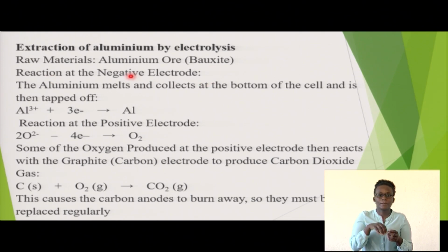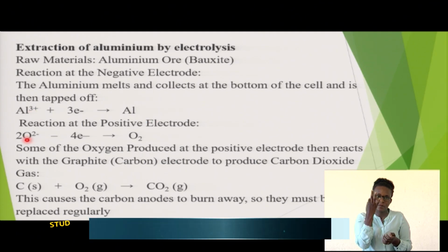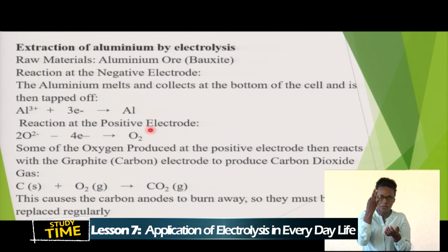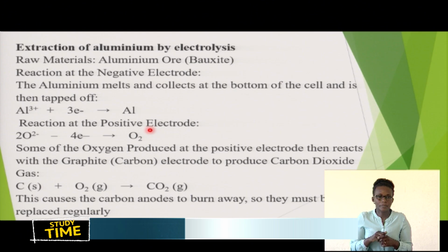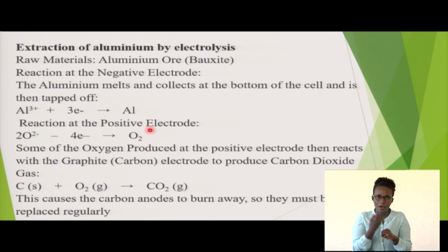Now, at the negative electrode, you have the aluminum ions accepting electrons. So these are aluminum ions coming from aluminum oxide. So you have the oxide ions at the positive anode changing into oxygen. Remember, oxygen is produced at the anode, and the anode is made up of carbon.